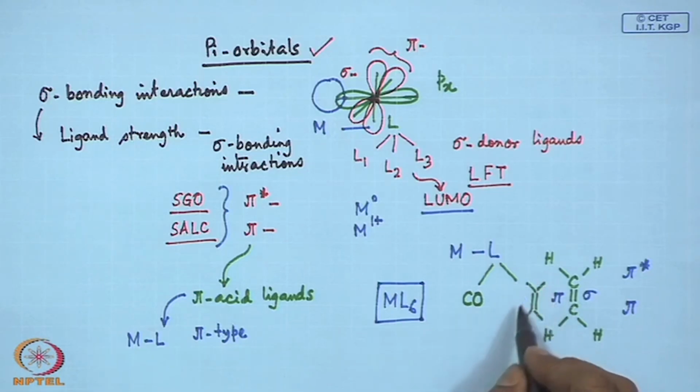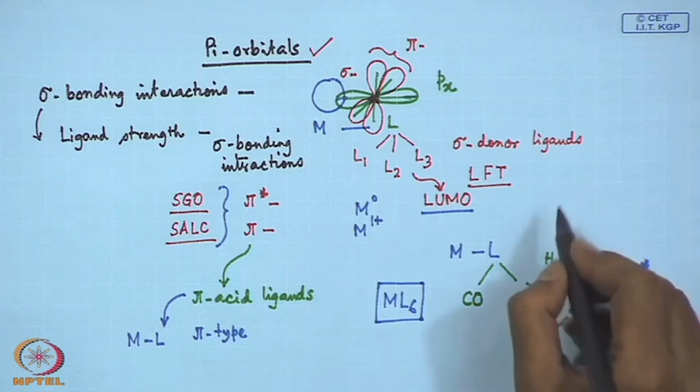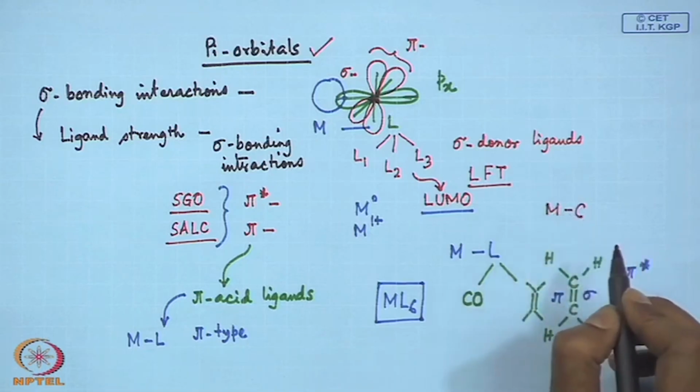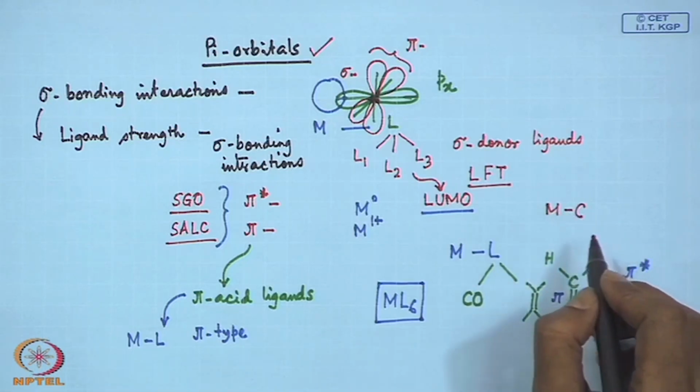When a particular organometallic compound is forming, we should have a corresponding metal carbon interaction, that means metal carbon bonds are present.